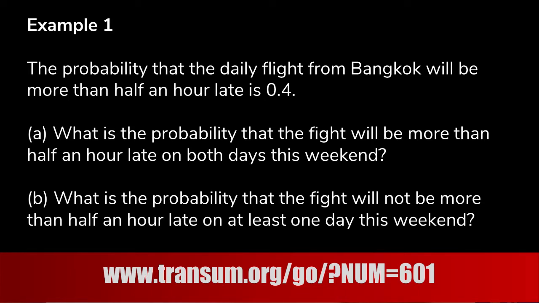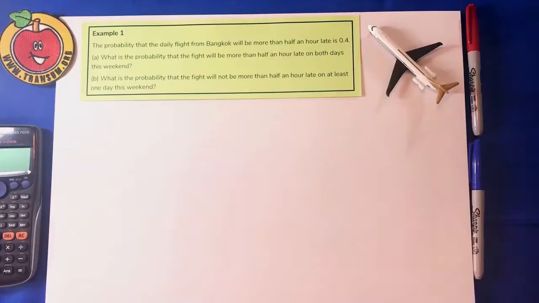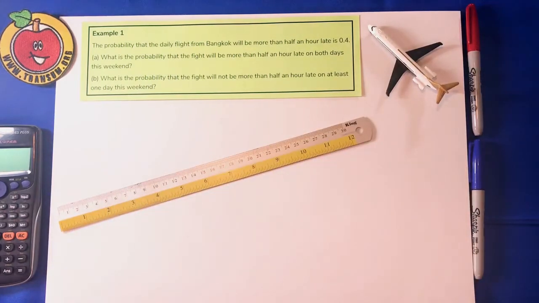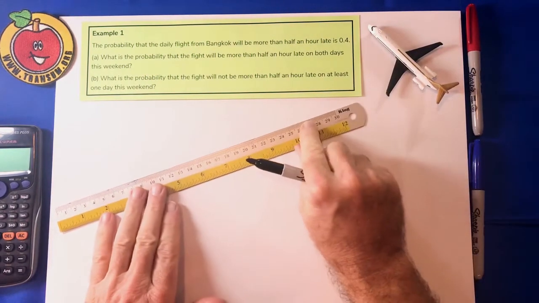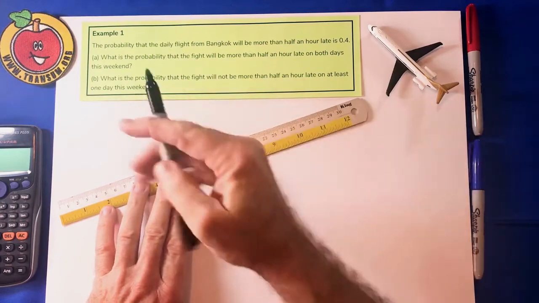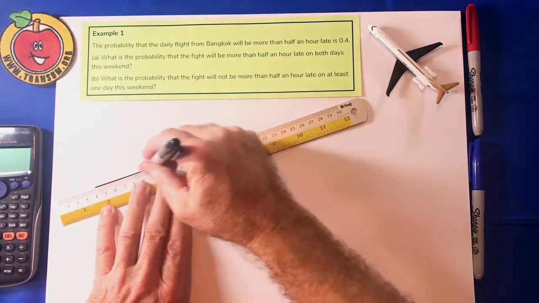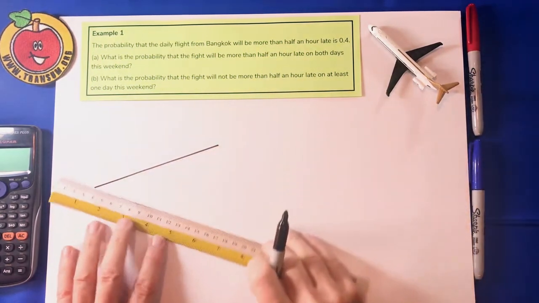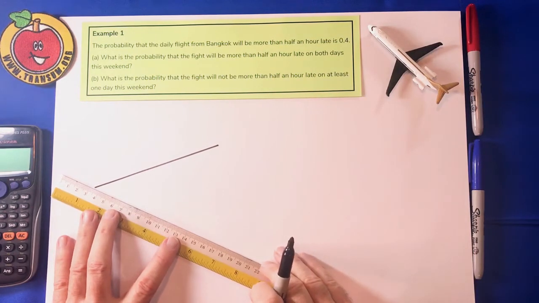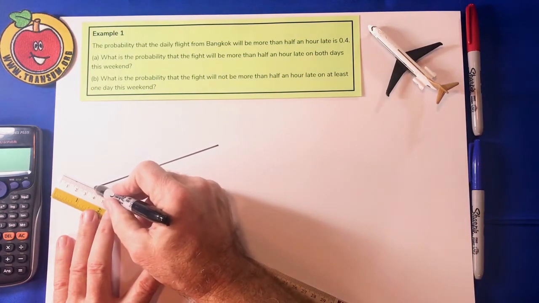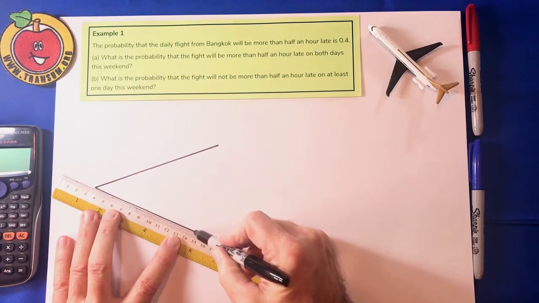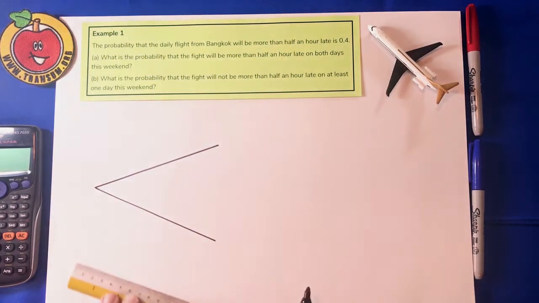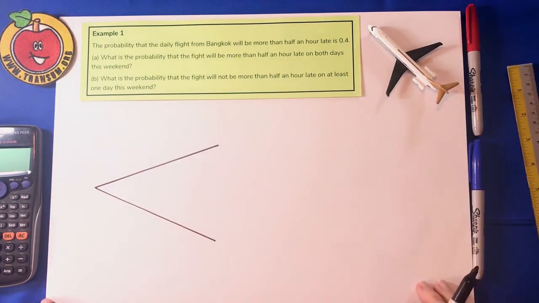So let's draw a tree diagram to represent this. Well, it's usually easy to get started. We just choose a point on the left side of the page and draw a line, and then another one going down at about the same angle as that one was going up and about the same length. But it doesn't have to be exact.